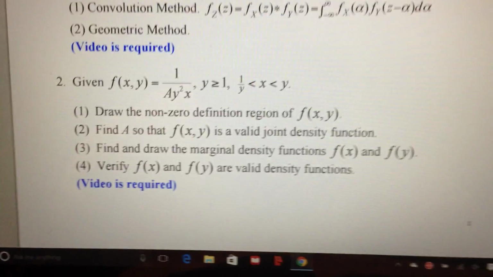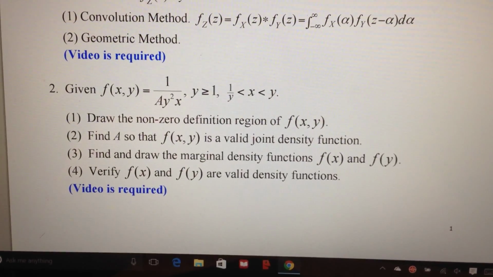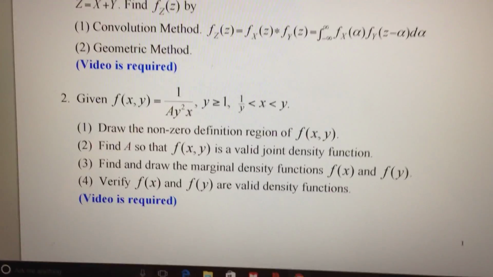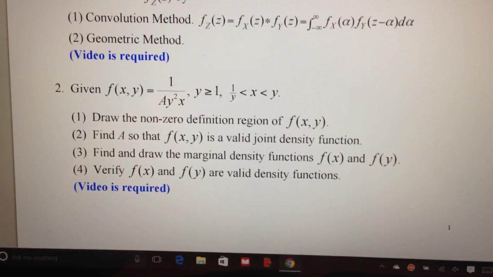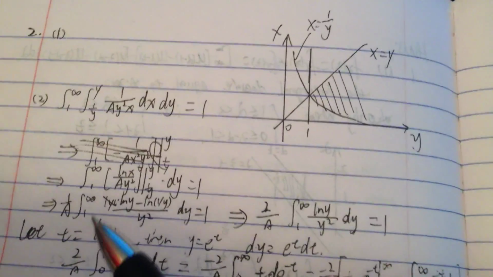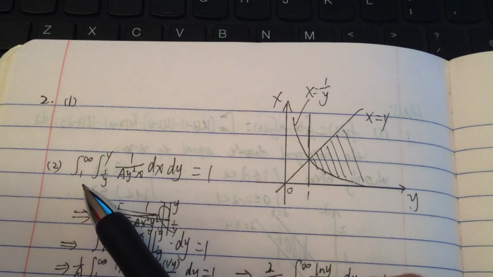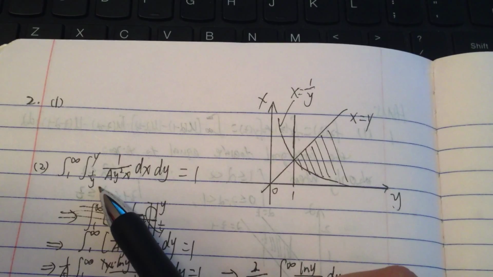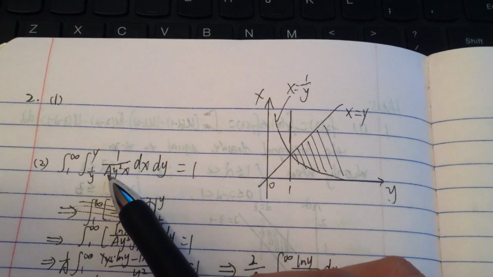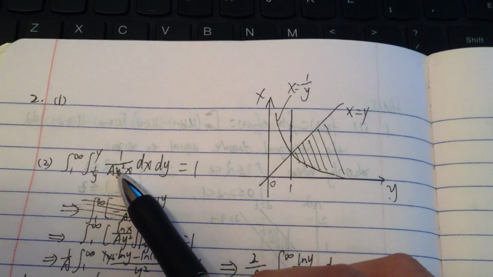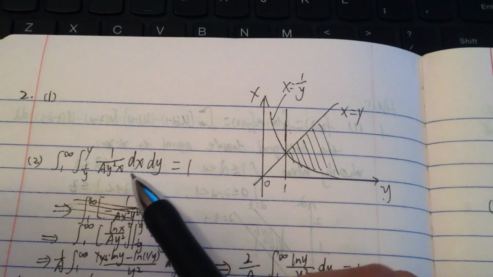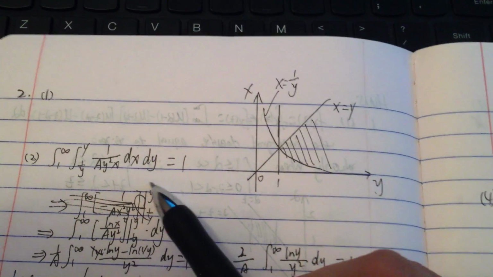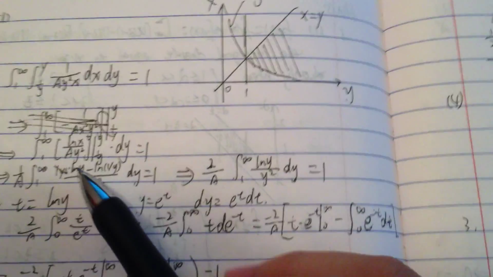And second, let's find a so that f(x, y) is valid. In order to make it valid, we should know that the integral in this whole space should be 1. That means integral from 1 to infinity and integral from 1 over y to y of f(x, y) dx dy.